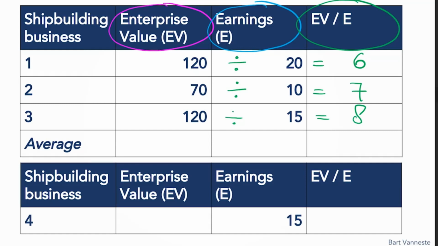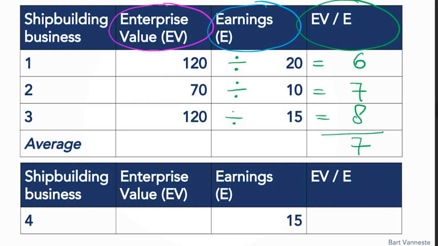Now the next step is, given these 3 multiples, we're going to calculate the average across these 3 multiples. And it turns out the average of 6, 7, and 8 is 7. Now we've come up with an average price for the other businesses. Basically, we know on average a shipbuilding business is worth about 7 times its last year earnings.